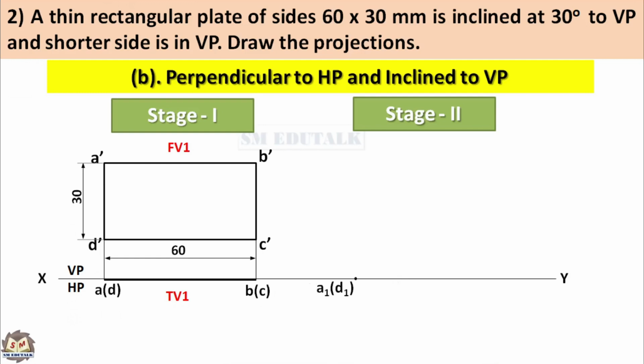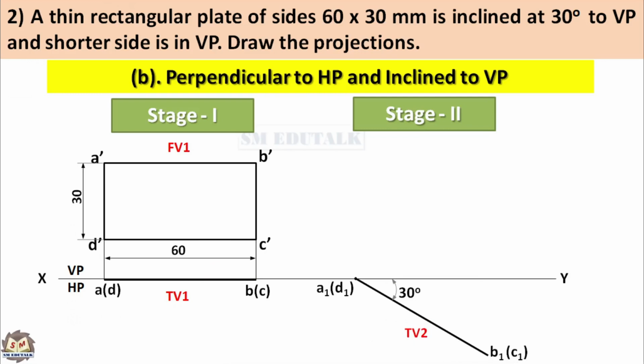This is the left endpoint of the stage 2 top view, named A1 bracket D1. Draw a thick line from that point inclined downward at 30 degrees with a length of 60 mm, because 60 mm is the length of the stage 1 top view, which is being rotated here. This is the top view of stage 2. The other endpoint of this top view line is B1 bracket C1.